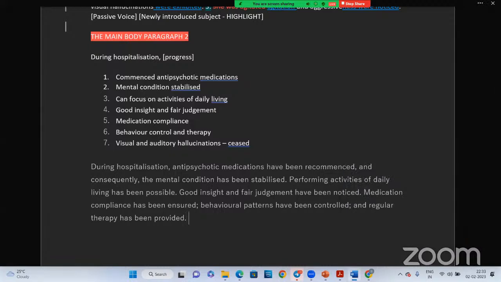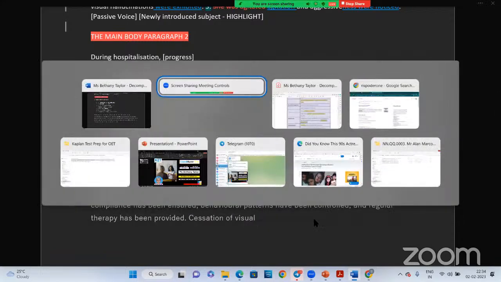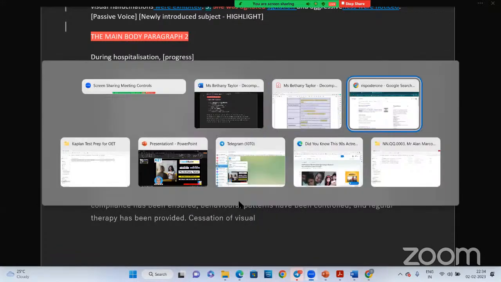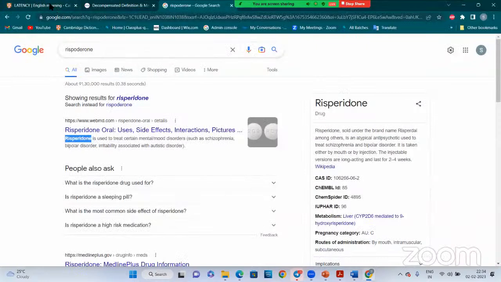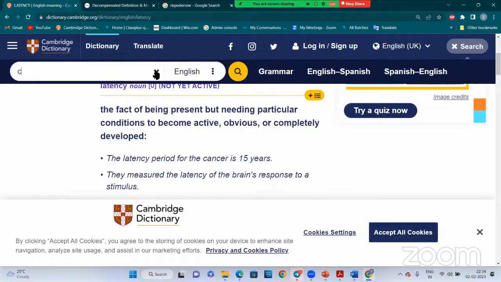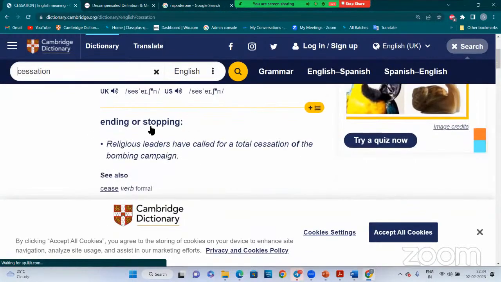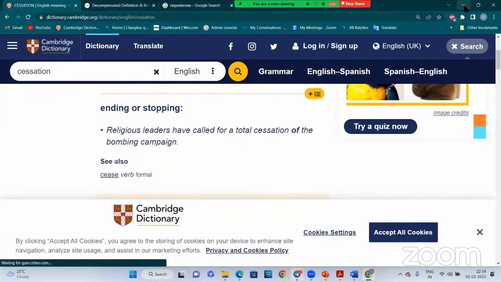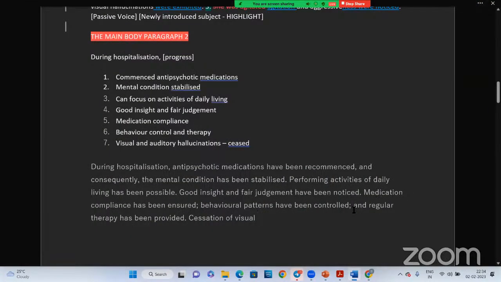Next one. Cessation of visual and auditory hallucinations. Cessation, ending or stopping.